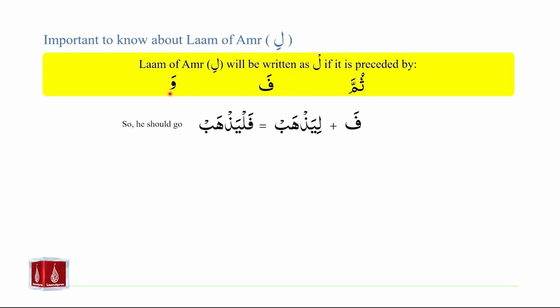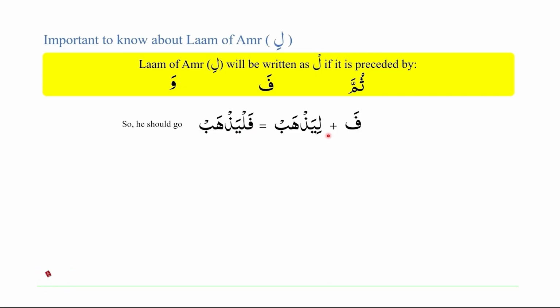Let us look at an example. We have fa plus liyazhab. We are saying liyazhab because of the effect of laam-e-amr. But if we put it all together, we will have falyazhab. So in this case, we are not saying faliyazhab, but we are saying falyazhab.